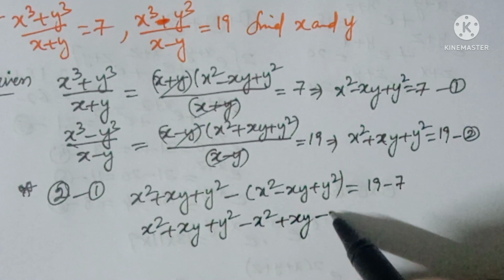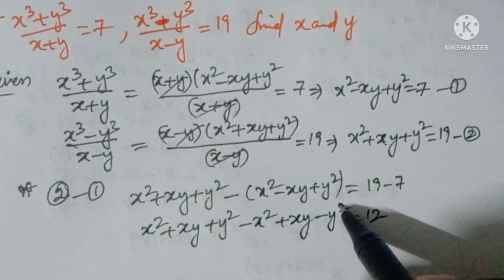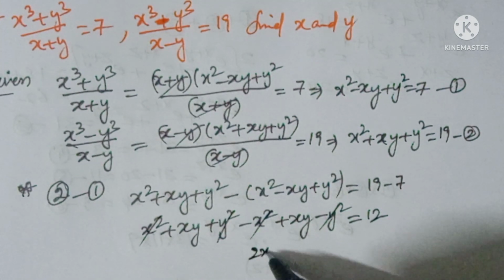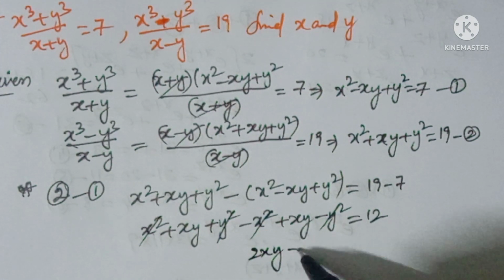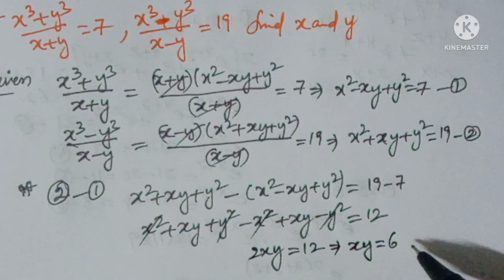Open the bracket: x² + xy + y² − x² + xy − y² = 12. Y² and x² get cancelled. 2xy = 12. That implies xy = 6.